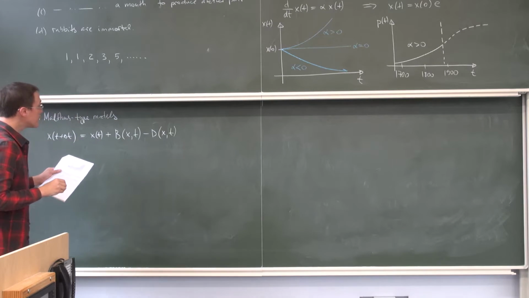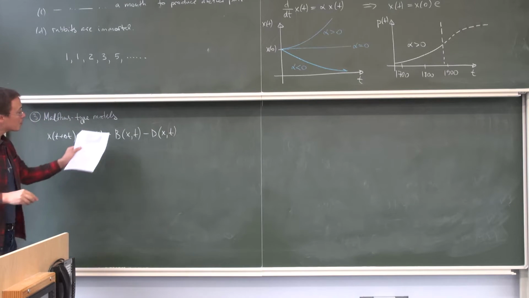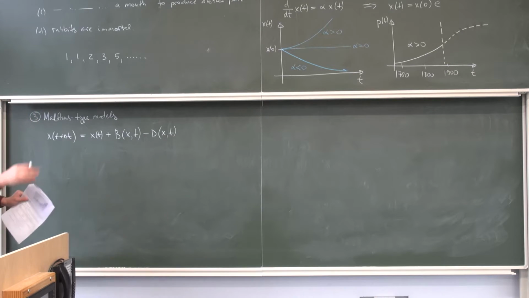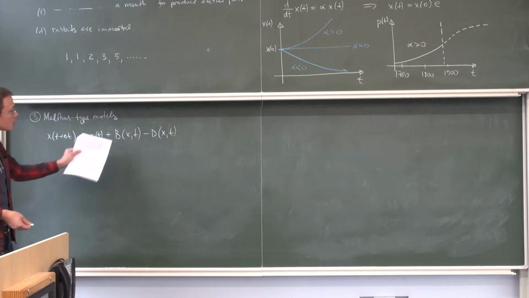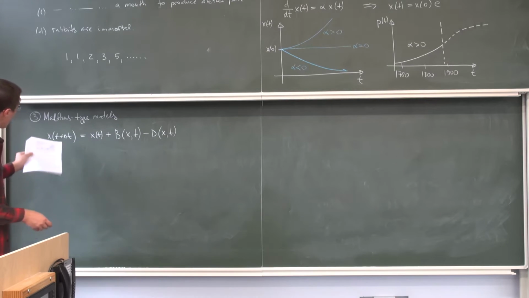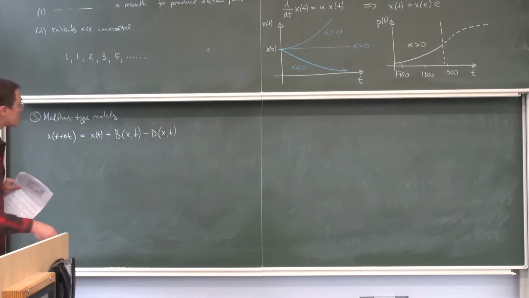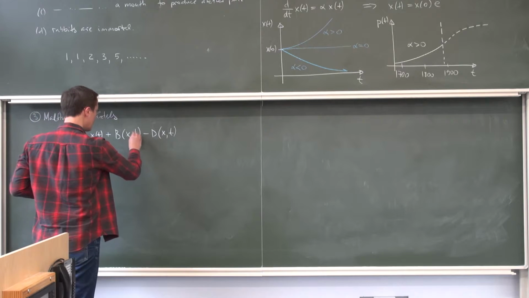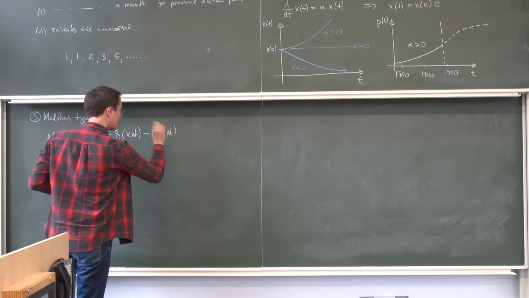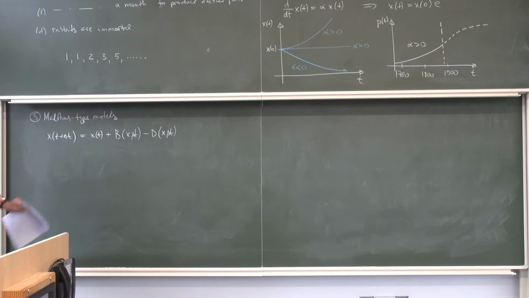More specifically, we will assume that both are invariant with respect to history, so they are not functions of absolute time, they are only functions of this time increment. So we will put deltas. So it's a function of x and a function of delta.